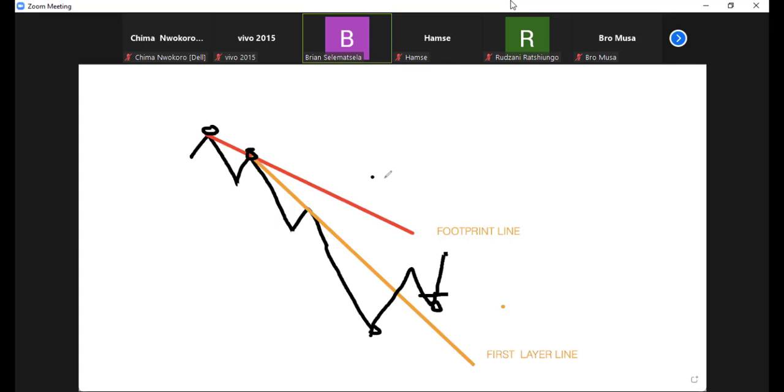First of all, each and every time frame has its own divergences, right? So on any time frame you'll find divergences, but the lower the time frame you go to, the more divergences will form within a short space of time.